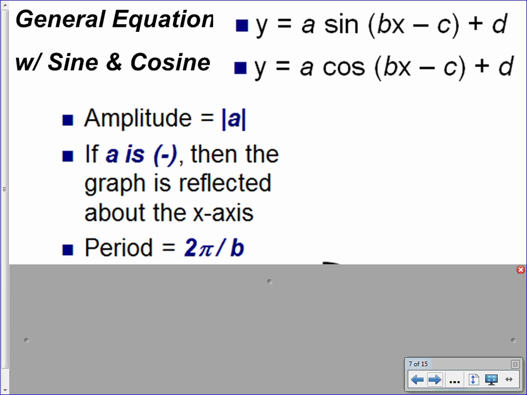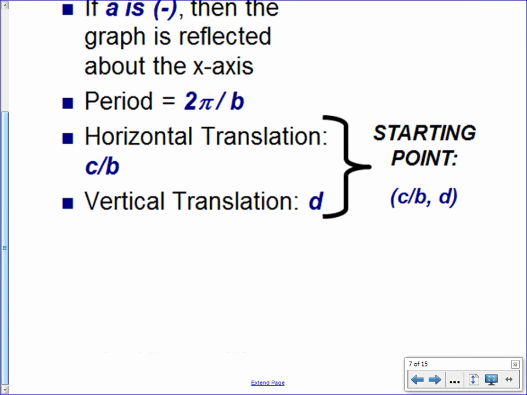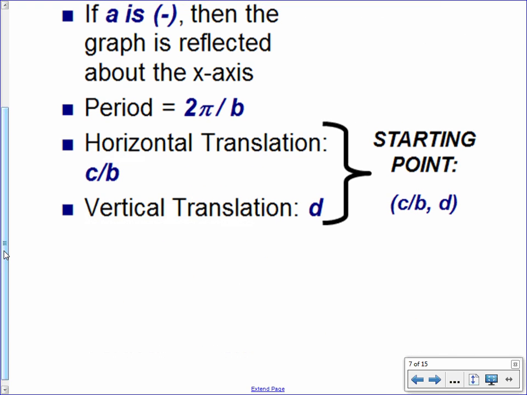Now, there's this B right here, which is affecting C. So it's not just over C and up D. That B is affecting C. So we're going to describe our movement as C over B, comma D. And this is what I'm going to refer to as our starting point. This is going to tell us where to start drawing our graph.